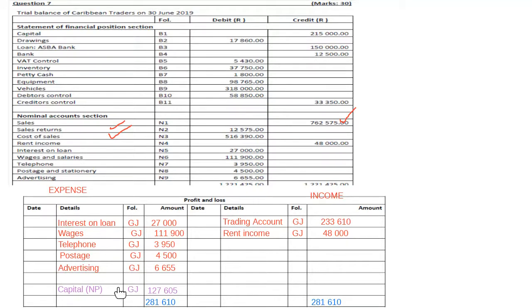That's the only reason why we wrote capital. From now on, we are going to transfer the profit we made to the capital account. The next account that I'm going to open is called capital account. It doesn't mean that capital account is expense. Even in future, you can find this capital on the credit side here, if the expenses were more than the incomes. This is like balancing the account.